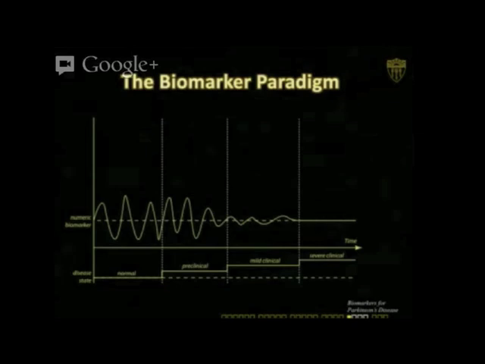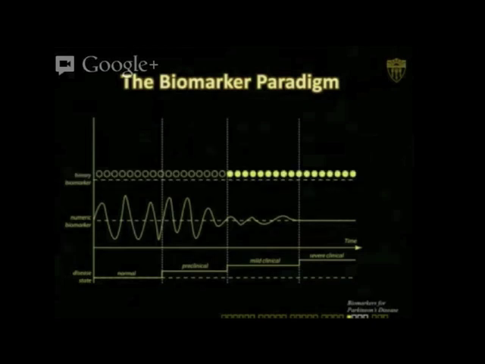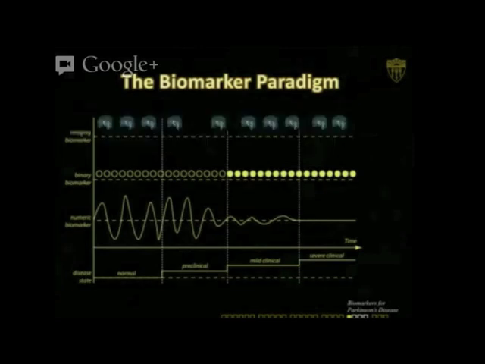So here's an example of a numeric biomarker. Of course, this is all just cartoon stuff. Or a binary biomarker that shows a state of either being off or on, and imaging biomarkers, like MRI images that reflect the structure of a person's brain.